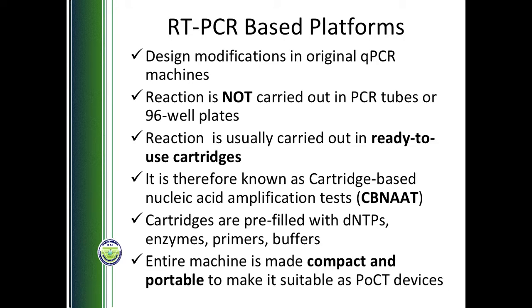Further, the detection of the PCR reaction by fluorescence detection has been miniaturized, and therefore the entire machine is made compact and portable. Because your machine is small and portable, it can be installed at almost all hospitals, and this becomes what we call a point of care testing device.